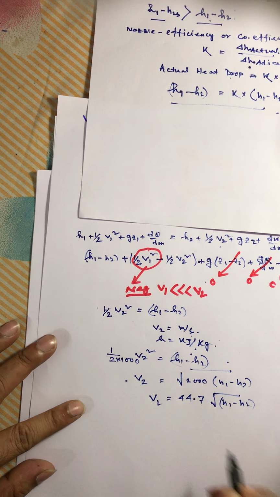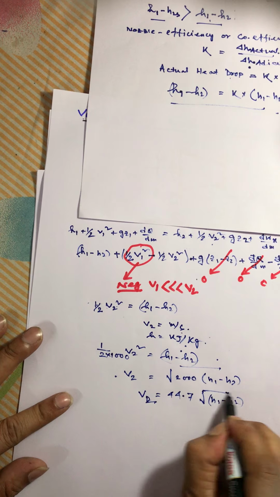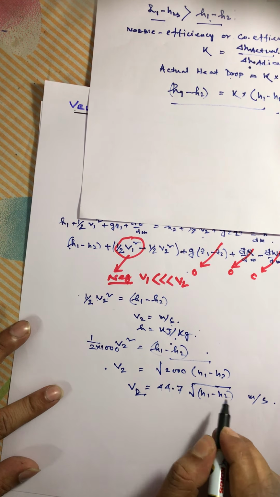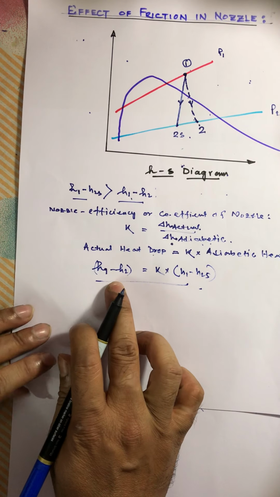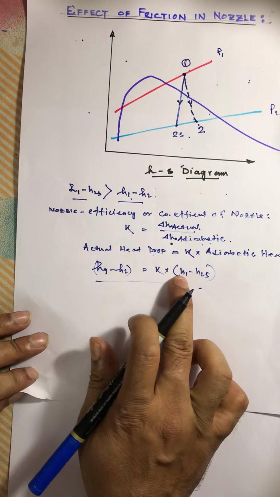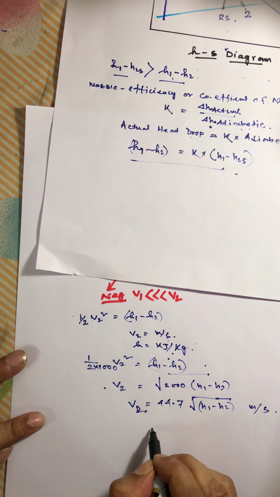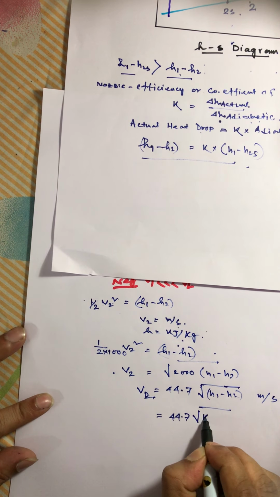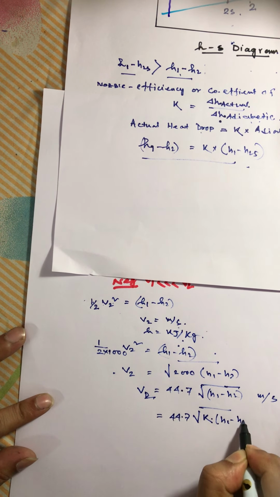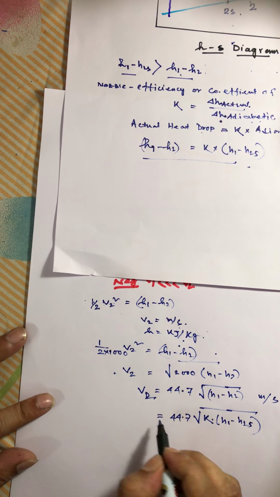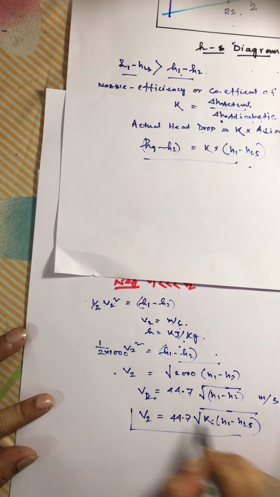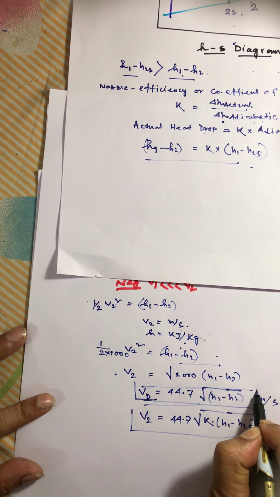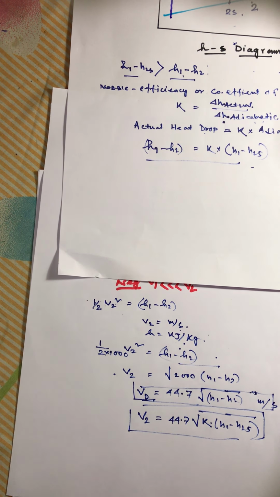So, this is the V2 for the actual case in meter per second, and using the previous concept, this is actual, this is ideal. So, actual can be written as 44.7 root of K into H1 minus H2s. Is it clear? V2 is equal to that. This is also an important relation which will be required further.